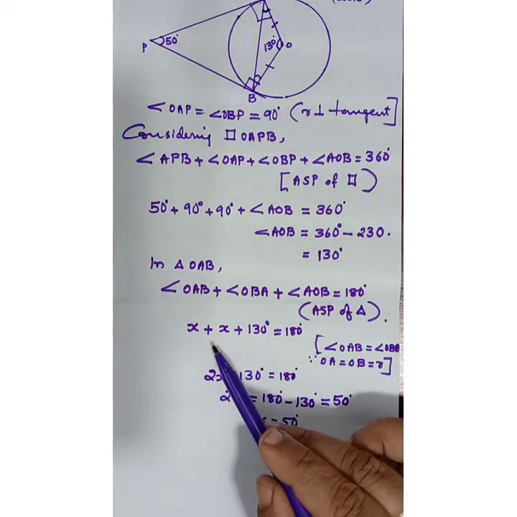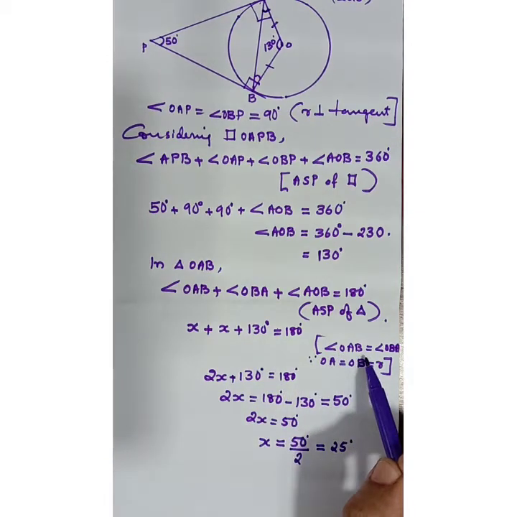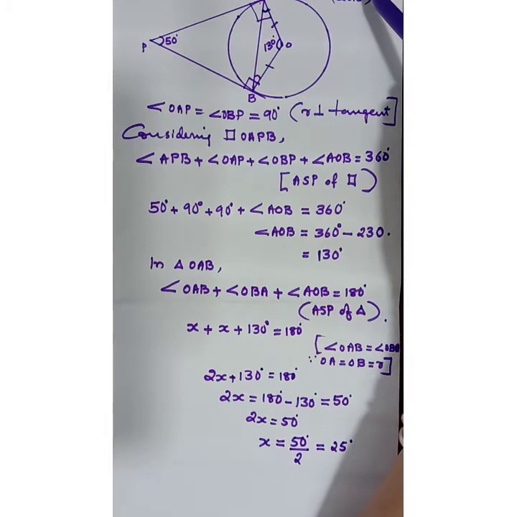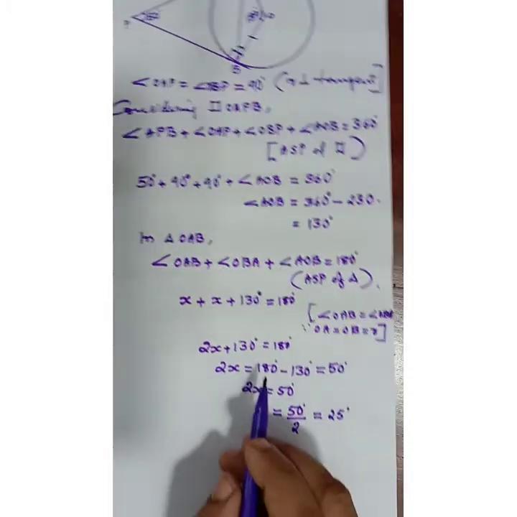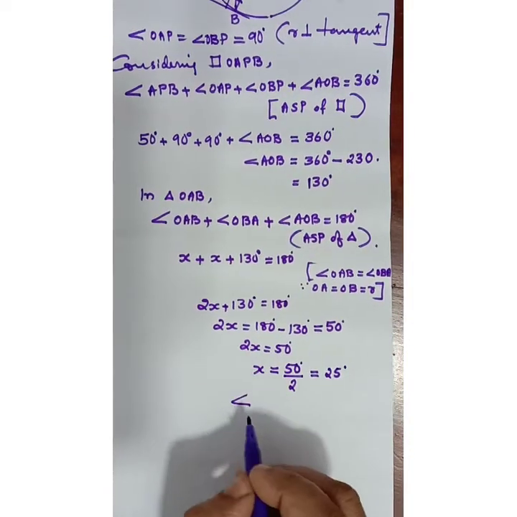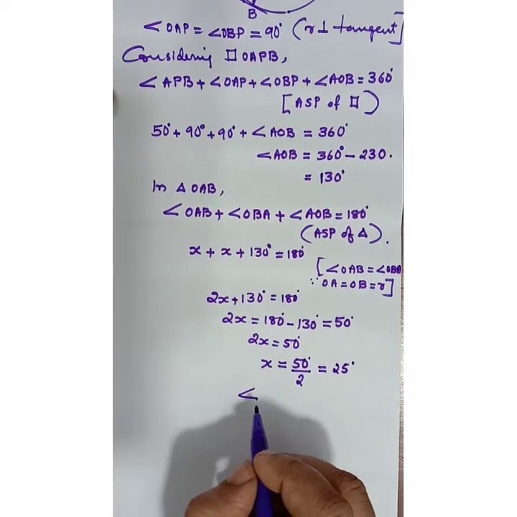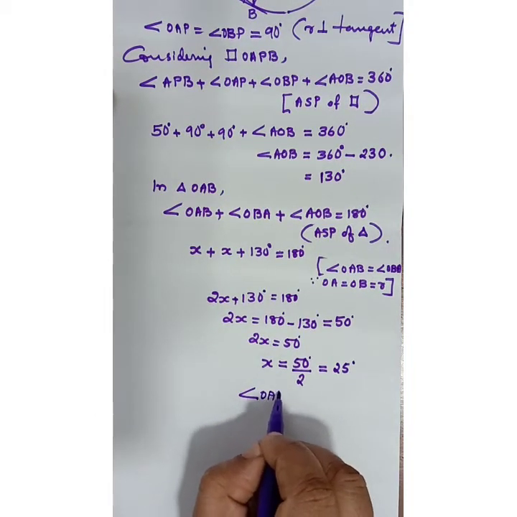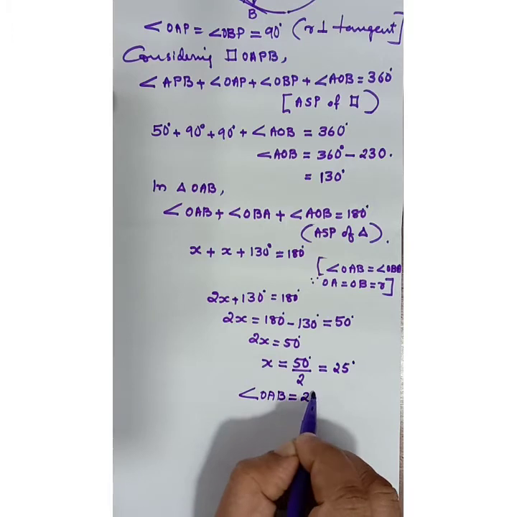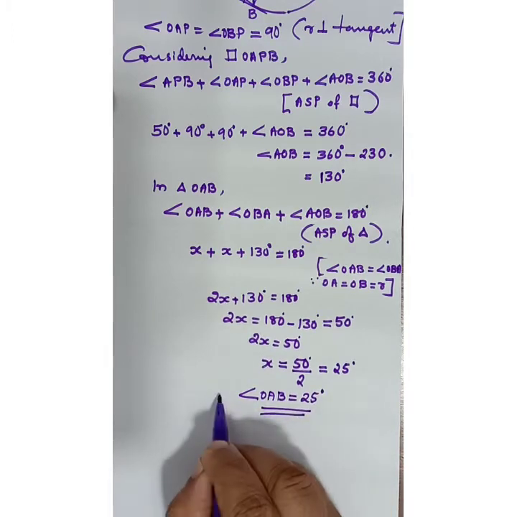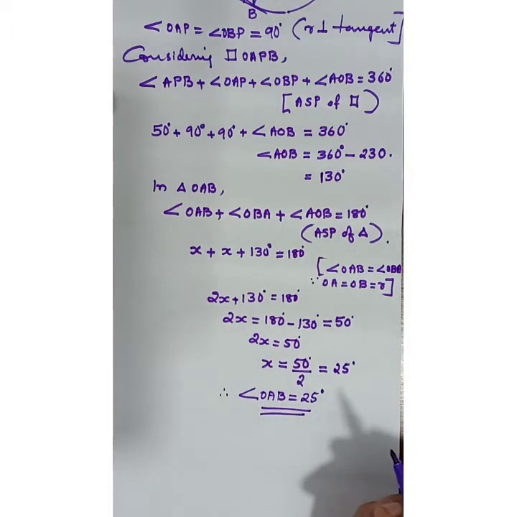We have taken x as angle OAB and angle OBA. Our question is to find angle OAB. Therefore, angle OAB equal to 25 degree.